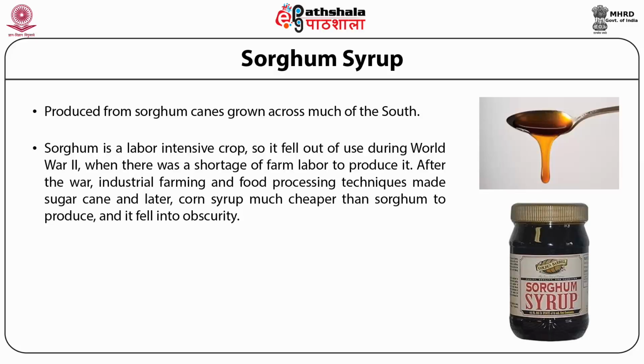After the war, industrial farming and food processing techniques made sugarcane and later corn syrup much cheaper than sorghum to produce, and it fell into obscurity and its use has been more limited.